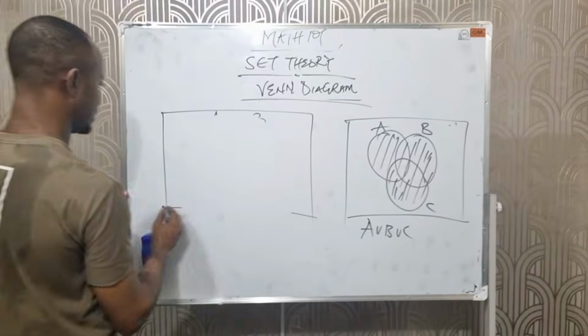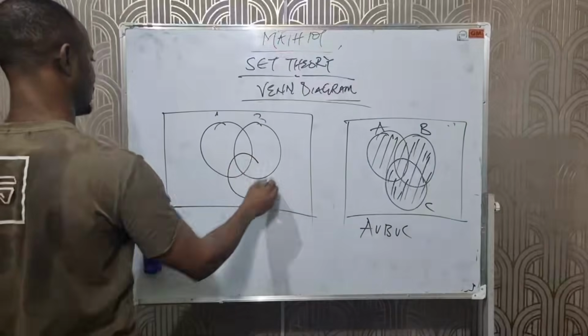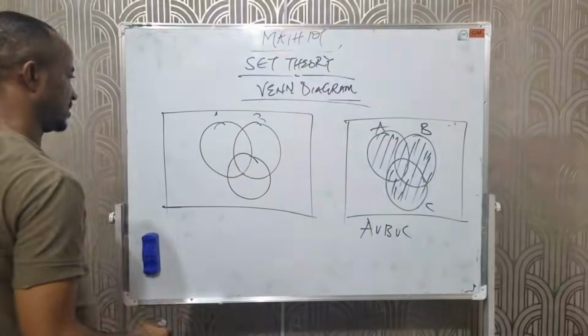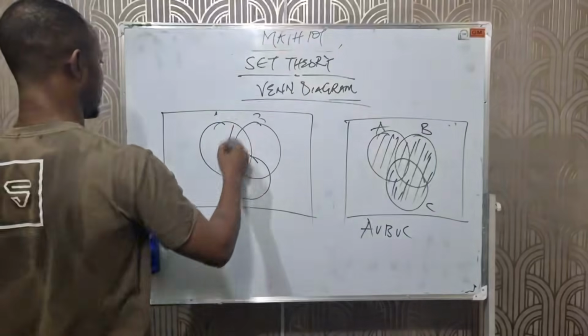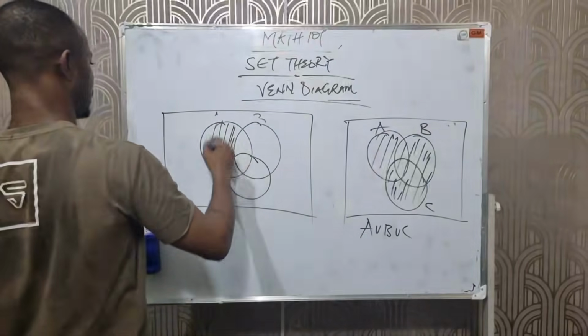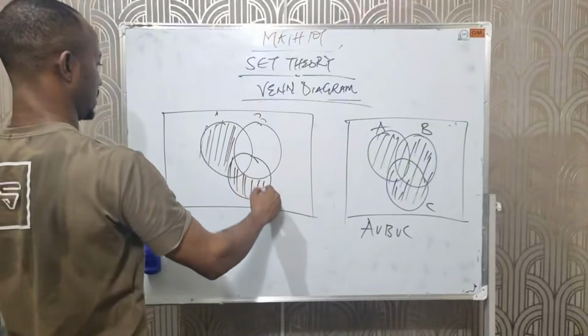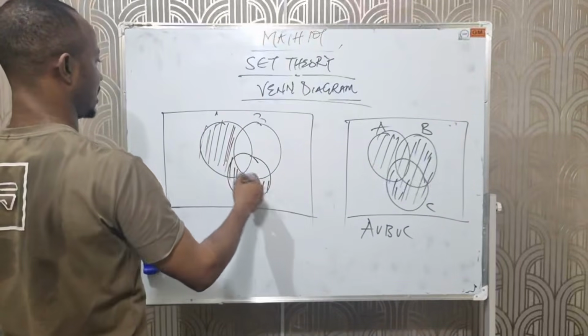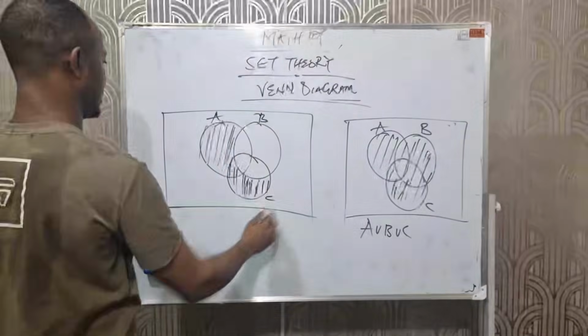A diagram like this. Let's say we have this and this, and the shaded region is simply this, and this part is also shaded. All right, now how do we interpret it? We notice here is set A, set B, and set C, right?